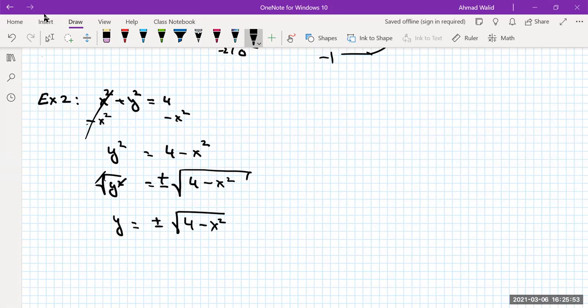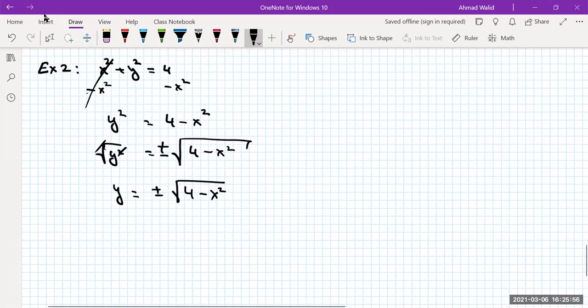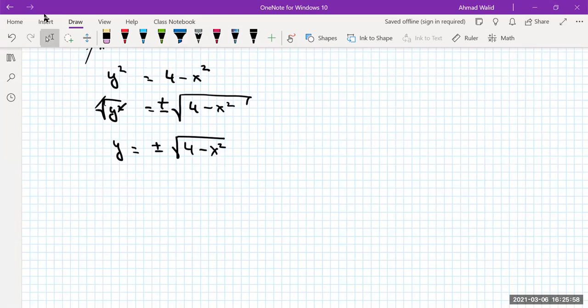Now, let's use a table for this example. I know it doesn't represent a function, but let's use a table of values and see if this given equation represents a function. Let's plug in x equals 0. When x is 0, plug 0 in here. 0 squared is 0. 4 minus 0 is 4. The square root of 4 is 2.